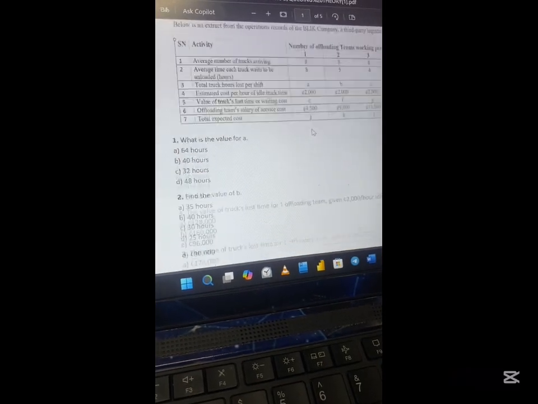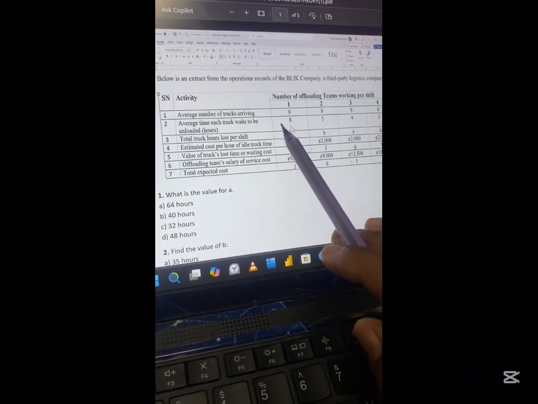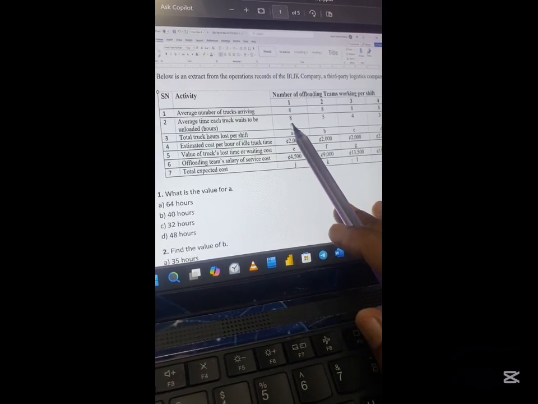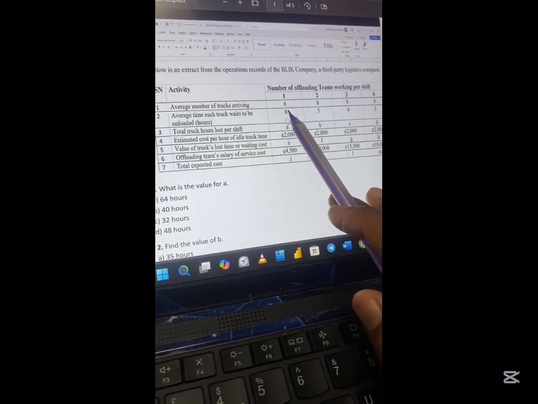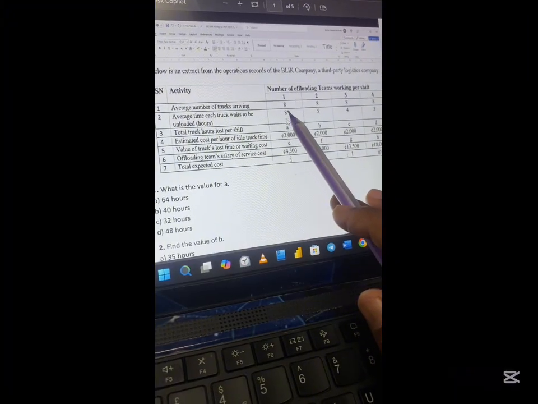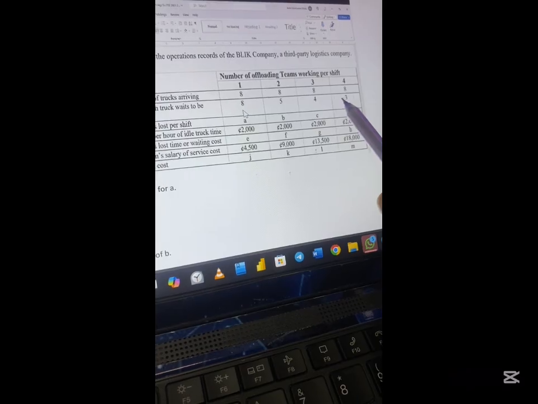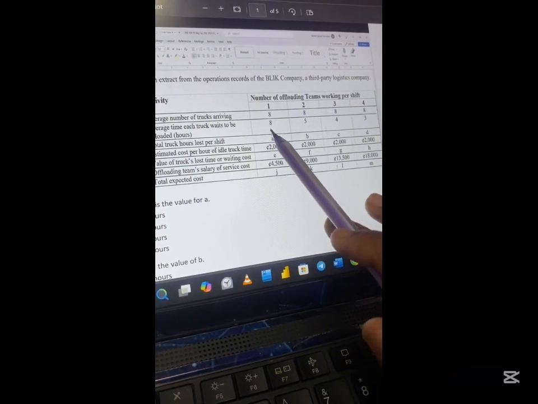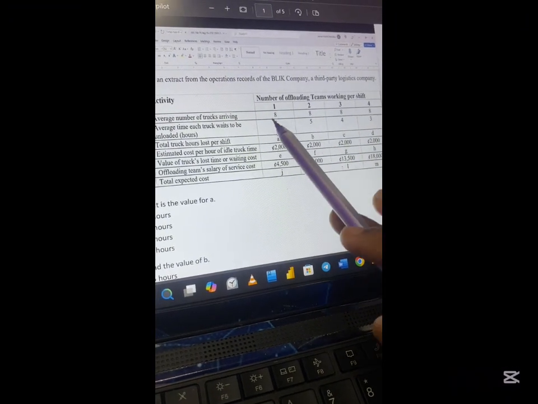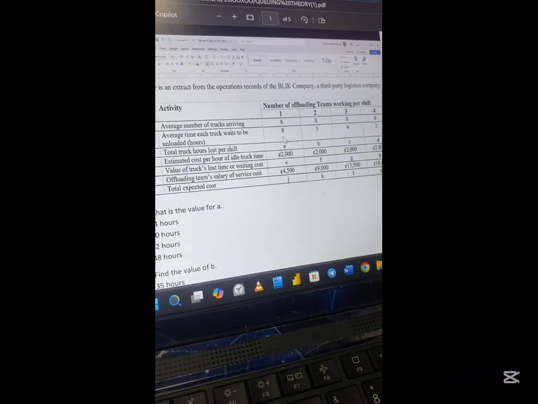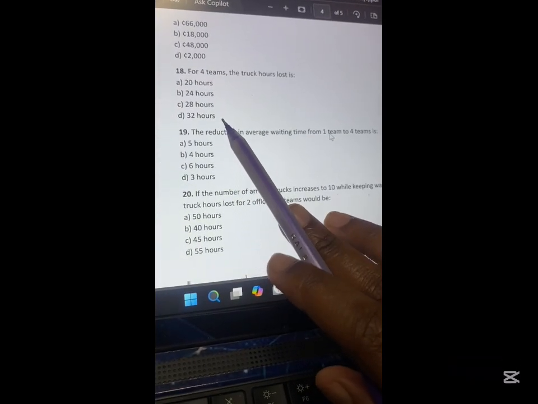So let's go back to our table, and from our table the waiting times are given here in row 2, and we see for using 1 team the waiting time is 8 hours, but when we go to use 4 teams the waiting time is 3 hours. So the difference or the time reduction from using 1 team to 4 teams will be 8 minus 3, which is 5 hours. Yes, so it will be 5 hours, which is option A.